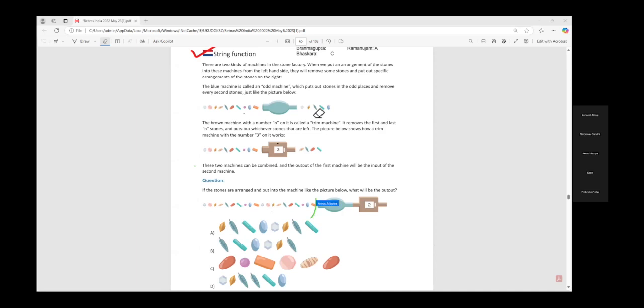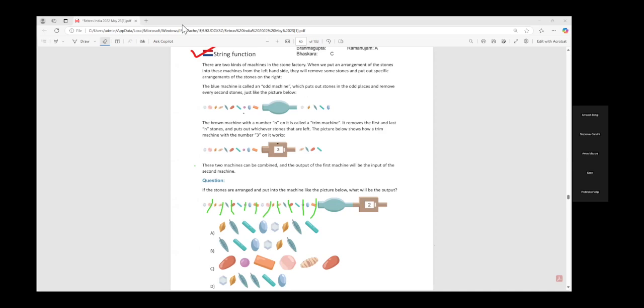So it will take out the stones that are not cut. So these are all the stones, starting from the second stone, that the odd machine will take out.